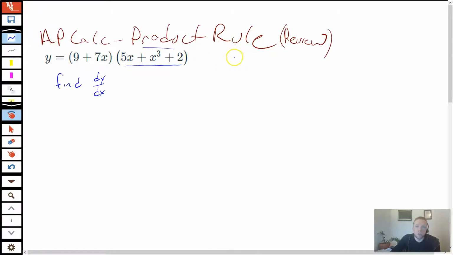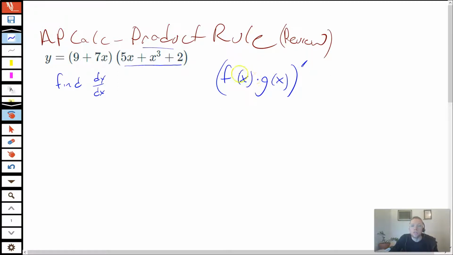So the product rule says that the derivative of f times g, let's write it out. So I'll say f of x times g of x, like that. This isn't maybe the greatest notation, but I think it's the clearest for you guys.